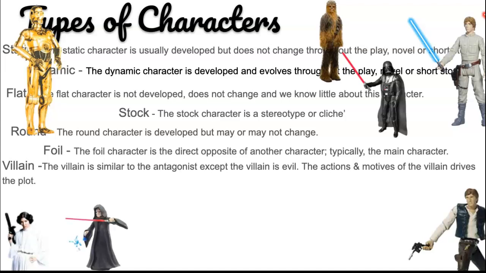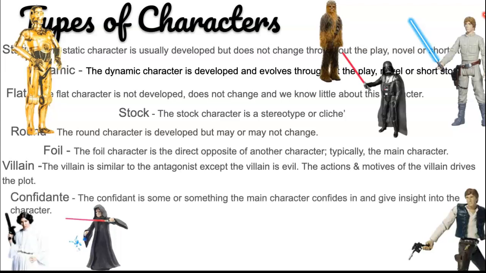And then I think this is the last type of character: the confidant. The confidant is someone or something the main character confides in and gives insight into the character. Stories don't always have confidants. However, in this story, we do, and this confidant has most recently become a favorite of many, especially with the introduction of the baby character, or baby Yoda.